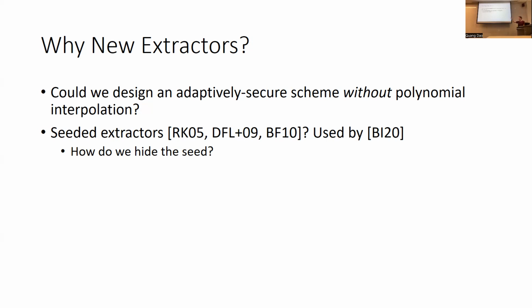We had the exact same trouble with the seed, because if the adversary sees the seed, then it can delete shares according to the seed, and this affects the source of randomness. But if the source of randomness depends on the seed, then there are no guarantees for the extractor. So if we were to hide the seed, then we'd already need adaptively secure secret sharing with certified deletion.